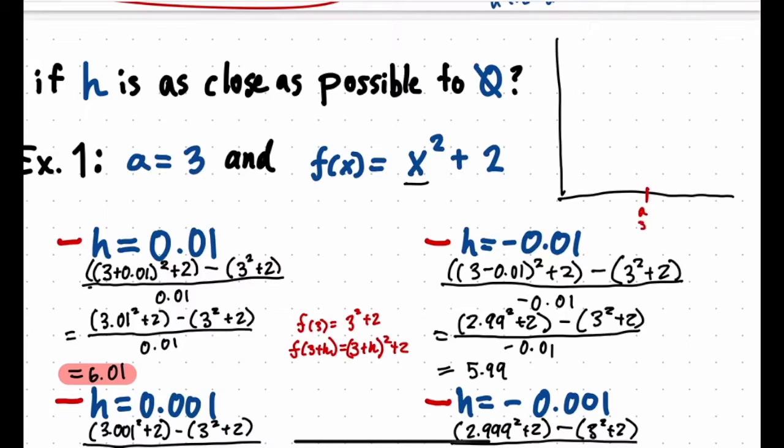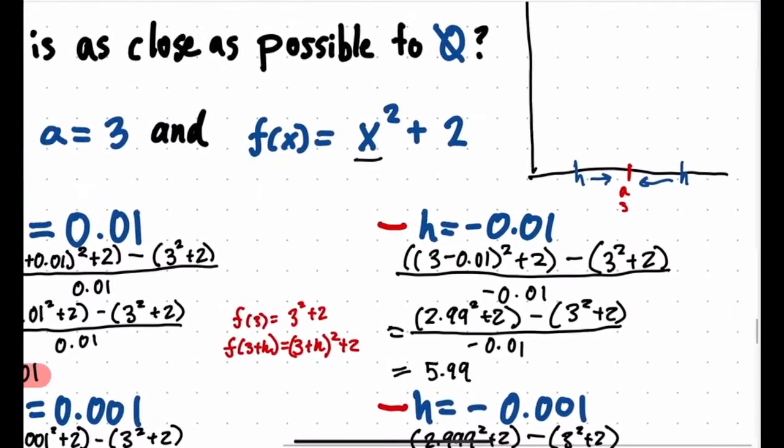Okay, so when we set a to be 3, and we made the h's coming from either side closer and closer, the a plus h's got closer and closer to a, so the h's got closer and closer to 0. Then the answers that we were getting were closer and closer to 6 from either side.